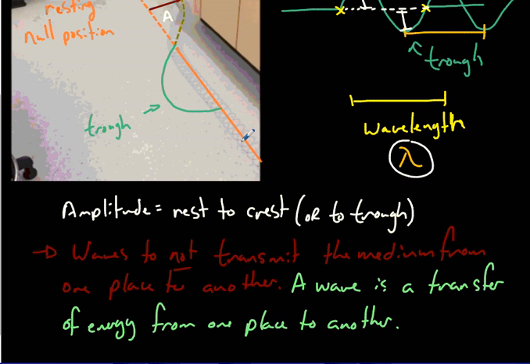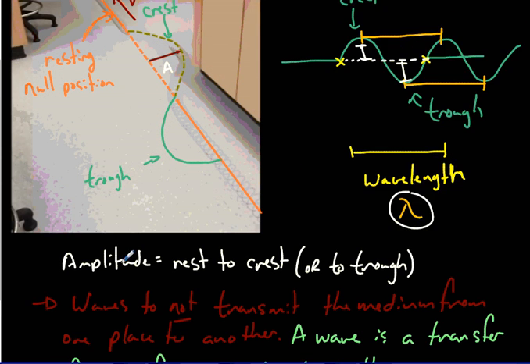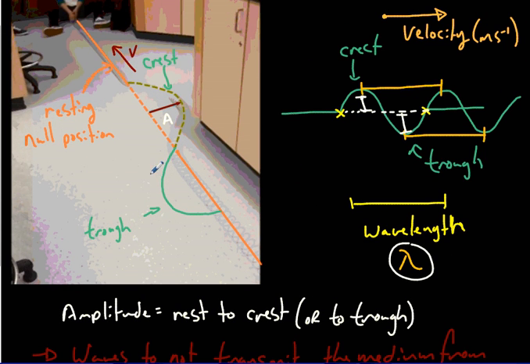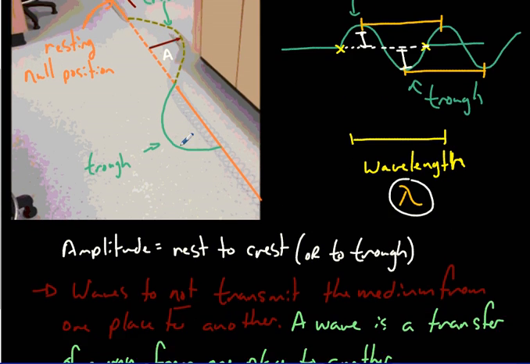When you think of water waves, right? The waves come up onto shore, and yeah, some water will come higher up onto the shore, but it always rolls back into the ocean, right? If there was a net transfer of water via waves up onto the shore, eventually, you know, you'd end up with all your water up on the shore, which clearly does not happen, okay? So a wave is just a transfer of energy or a disturbance in the medium as the wave goes by.